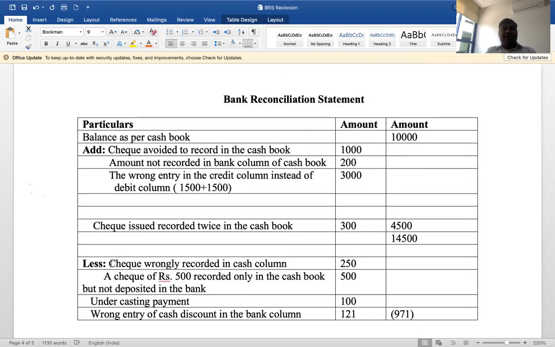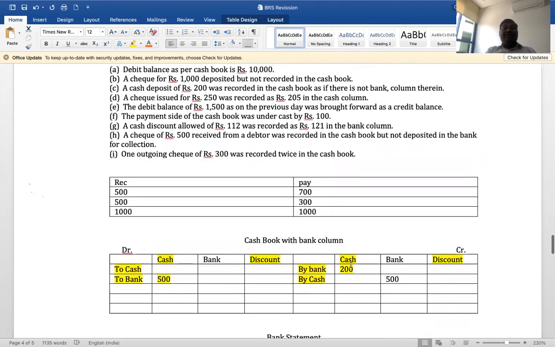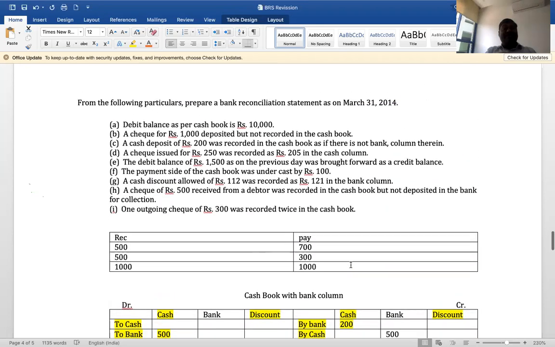Check wrongly recorded in the cash column, 250. Sir, why 250? He issued 250 but he already recorded 205, so only the 45 rupees difference is there, right?